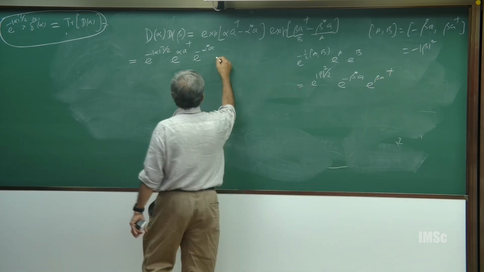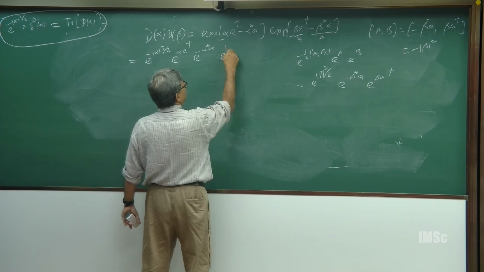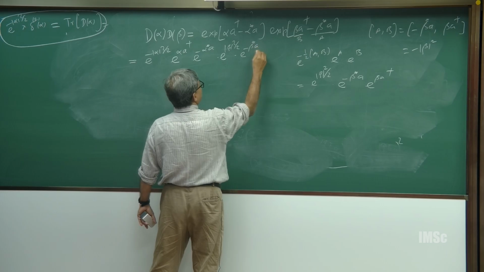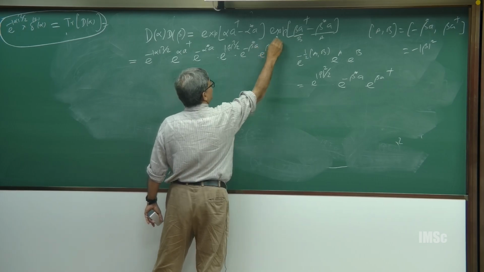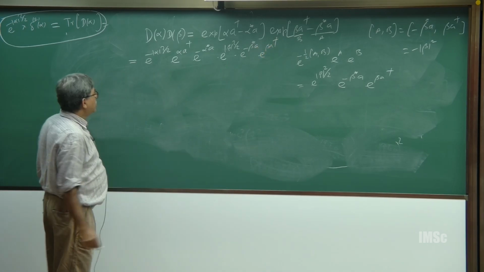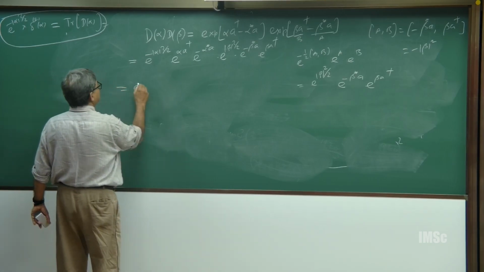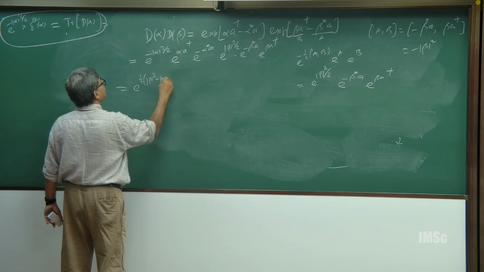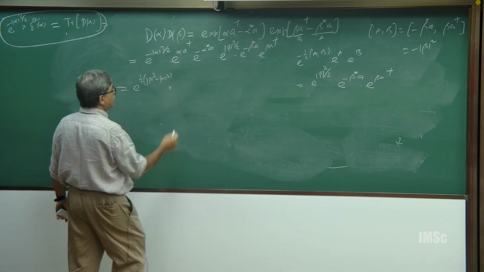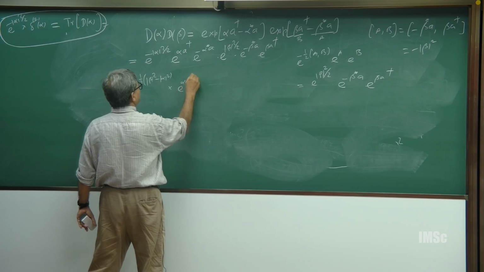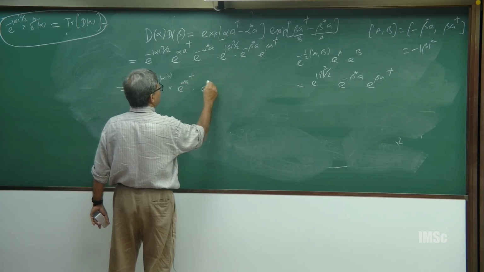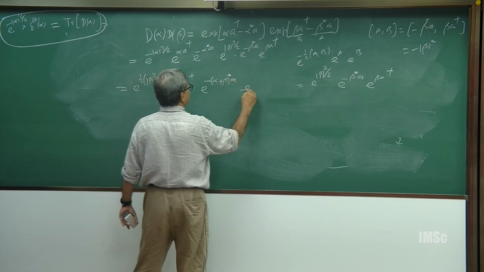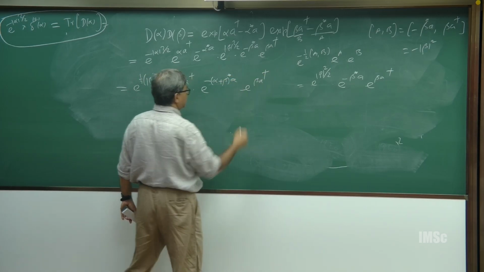So, this is e to the power half beta square minus alpha square, times e to the power alpha A dagger, e to the power minus alpha plus beta star A, e to the power beta A dagger.